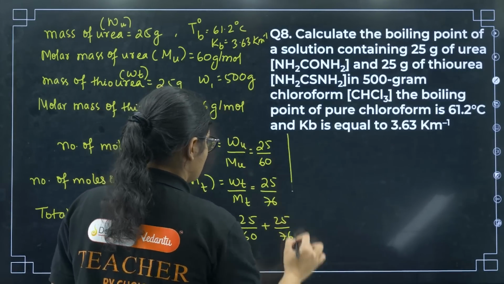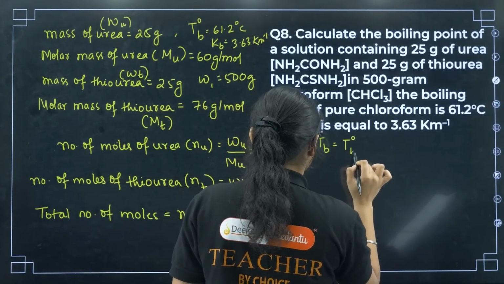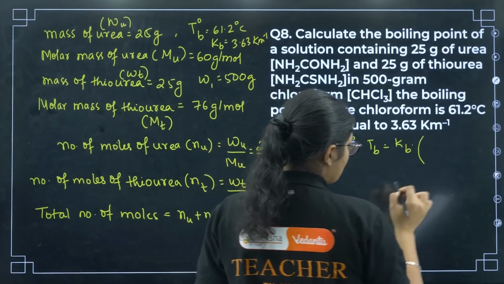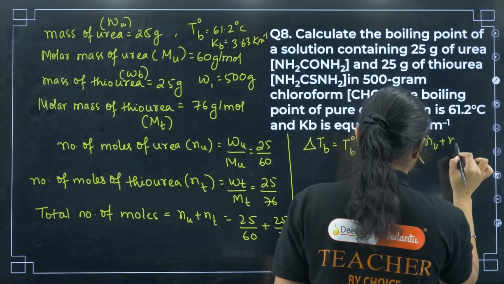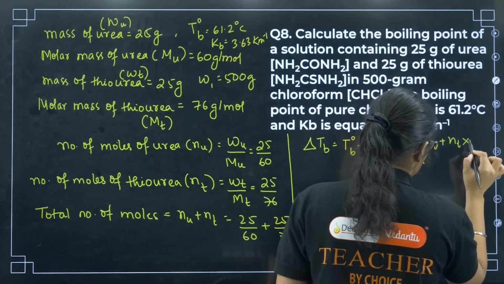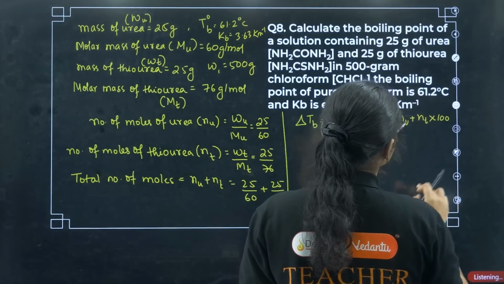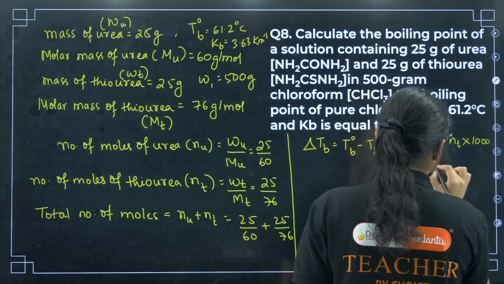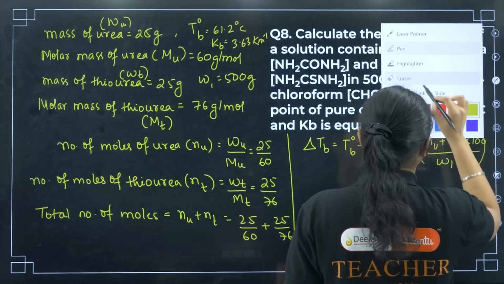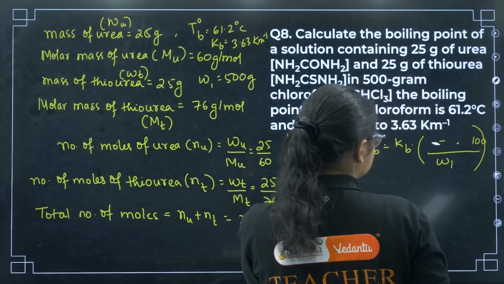So now I'll put the formula here, that is delta Tb, which is equal to T naught b minus Tb, is equal to Kb into number of moles of urea plus number of moles of thiourea into 1000 divided by W1, that is your mass of the solvent.